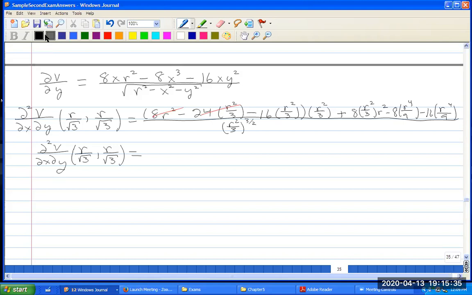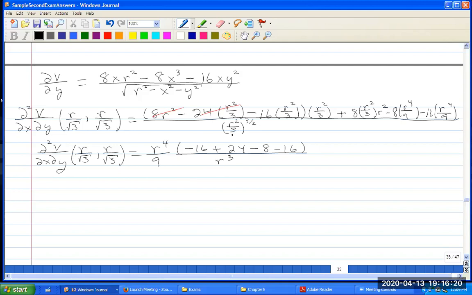So now, let's factor out r to the 4th over 9. So I get here minus 16 plus 24 minus 8 minus 16 over, r squared to the 3/2 is r cubed.